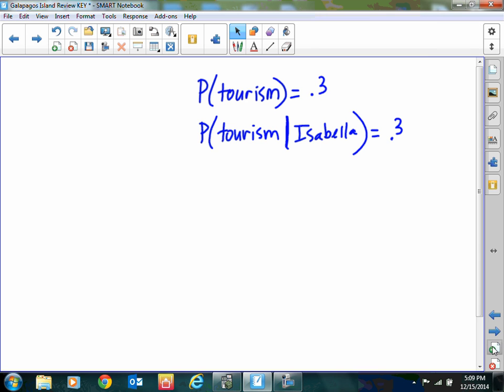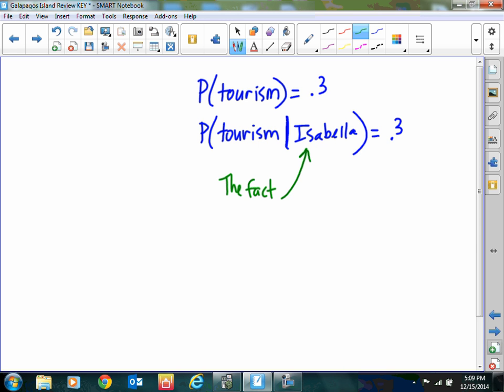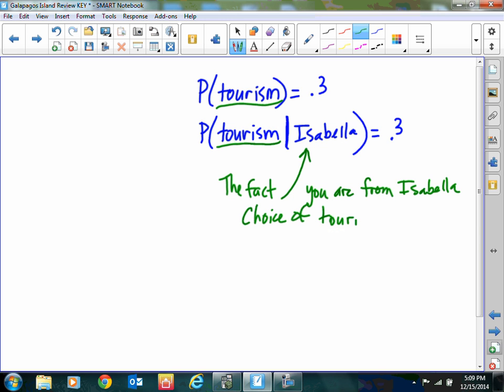Because those two are the same value, the fact that you're from Isabella means the rate at which you chose tourism is the same as the rate of tourism choice overall. The fact that you're from Isabella, the choice of tourism is the same as tourism overall.